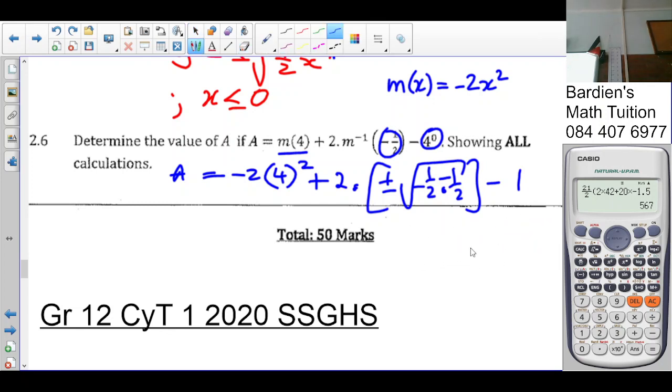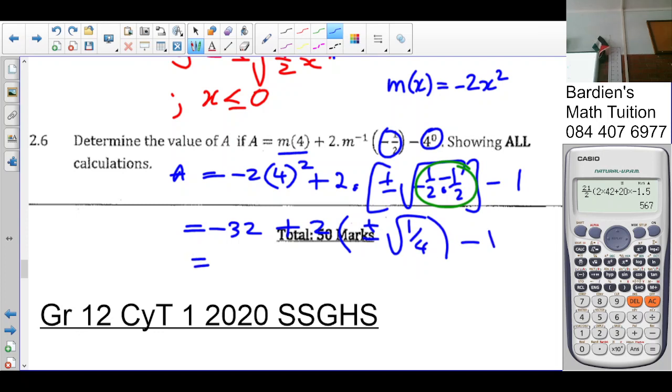So let's just simplify this. 4 squared is 16. So it's negative 32. Plus 2 times, now negative half times negative half is positive a quarter. So it's plus minus the square root of a quarter minus 1. So negative 32 minus 1 is negative 33.